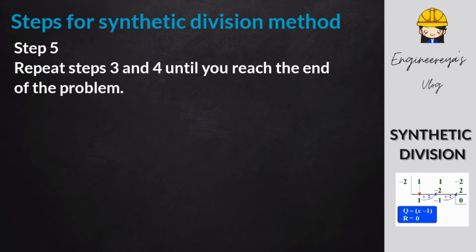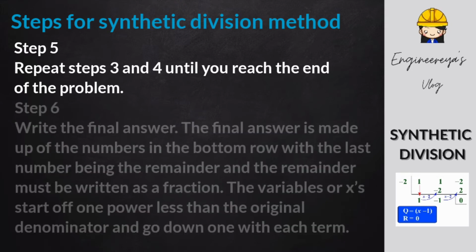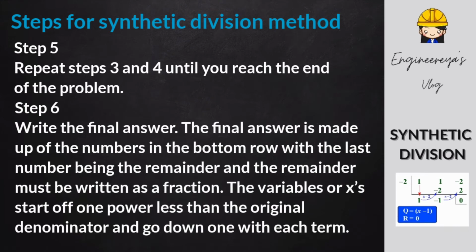Repeat steps 3 and 4 until you reach the end of the problem. Step 6. Write the final answer. The final answer is made up of the numbers in the bottom row with the last number being the remainder, and the remainder must be written as a fraction. The variable starts with 1 power less than the original and goes down 1 with each term.